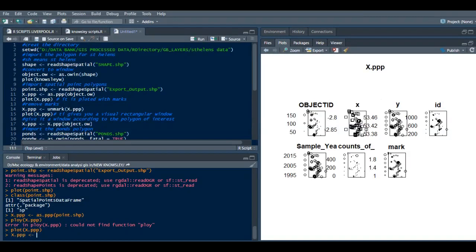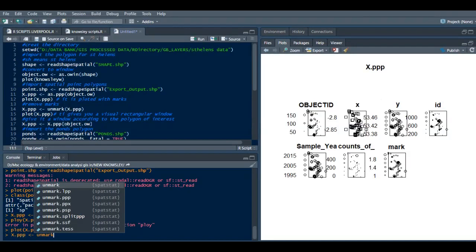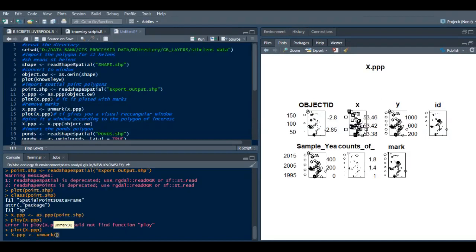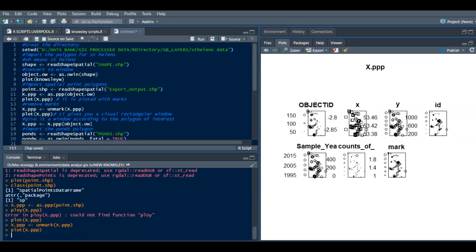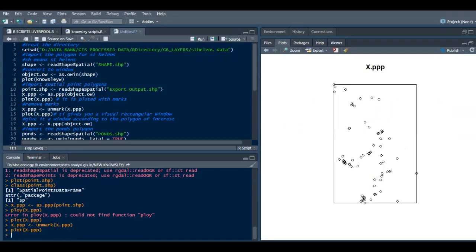So I will use unmark on the point pattern we have, and when I plot it again, it comes with a rectangular window. But we don't need this rectangular window.